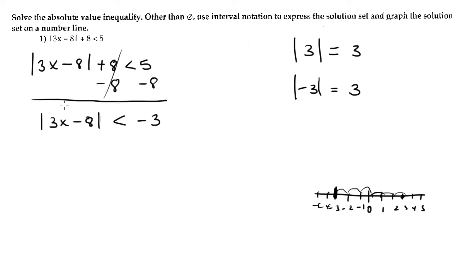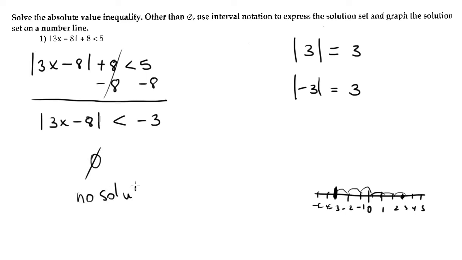So essentially this is saying the absolute value outputs something negative, and like we said, that can't happen. The absolute value will not output a negative. Because this inequality can't be satisfied, this has no solution. The solution is the empty set.